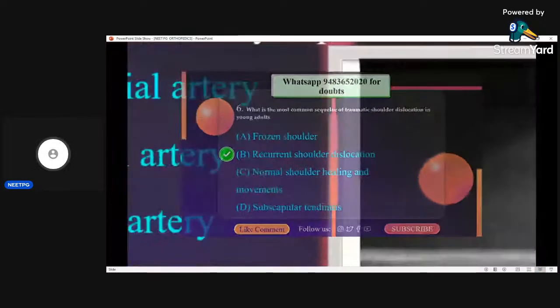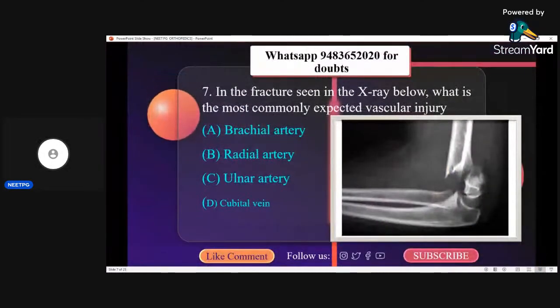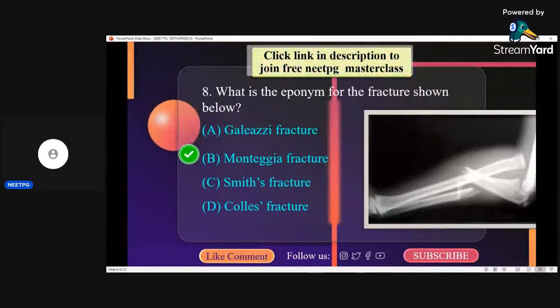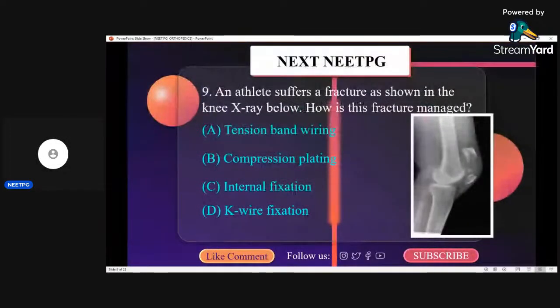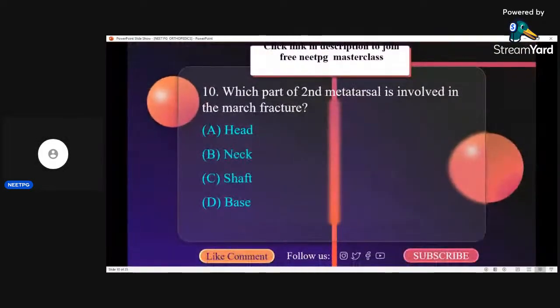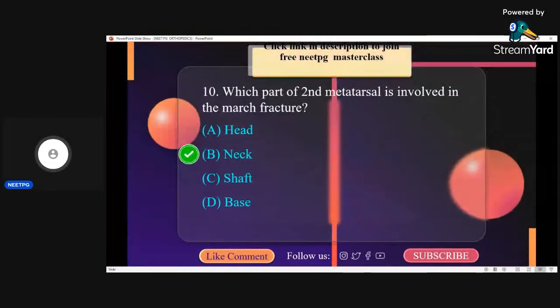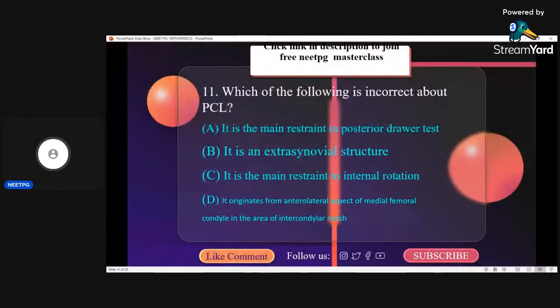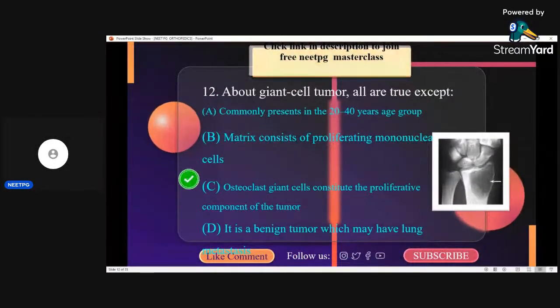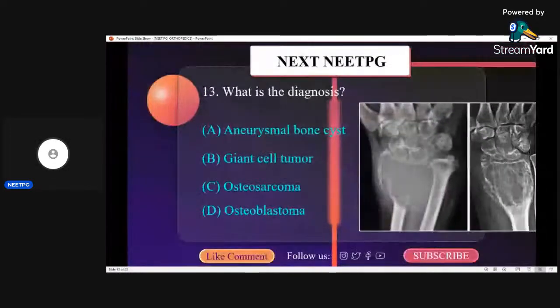In the fracture seen in the X-ray below, what is the most expected vascular injury? It is the brachial artery. What is the eponym of the fracture? It is Monteggia fracture. Athlete suffers fracture, tension band wiring. Which part of the second metatarsal? It is the neck. Which of the following is correct about PCL? It is the main restraint; incorrect, internal rotation. About giant cell tumor, osteoclast giant cells contribute. Diagnosis: giant cell tumor.